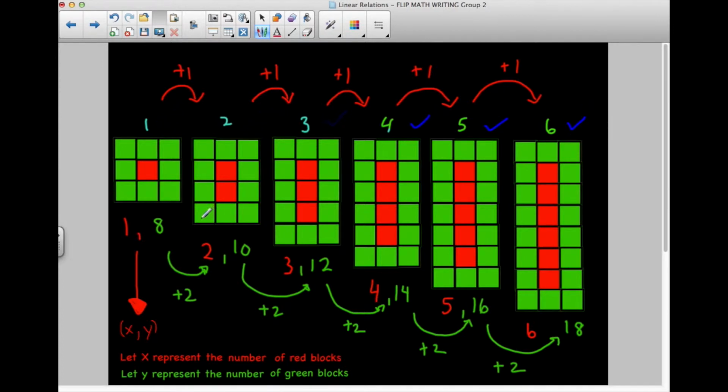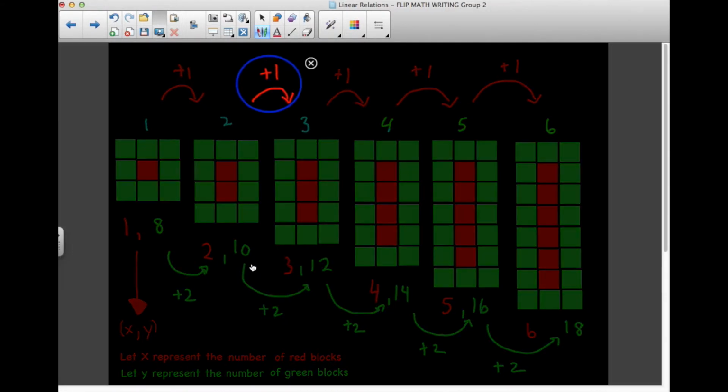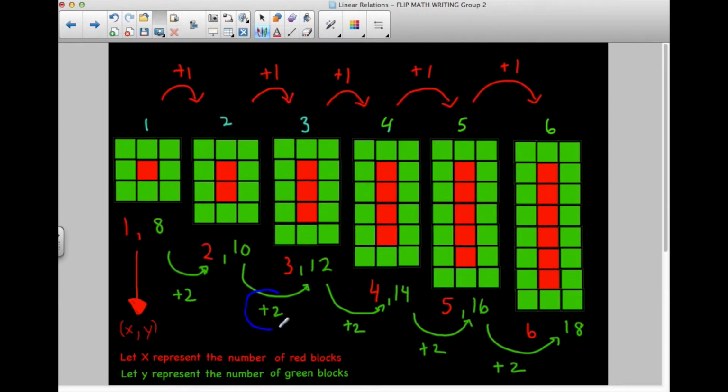One of the things that we started to do when we examined our pattern is keep track of the number of red blocks and the number of green blocks. As we moved from shape to shape, we realized that we were adding 1 red block and 1 green block to each shape.